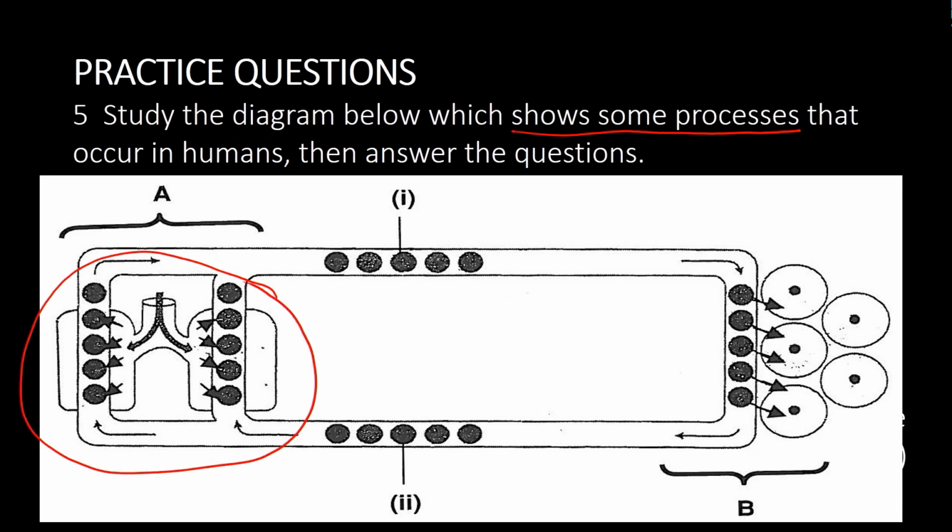There are funny little things like that, but they look like lungs. And here are little round things, which are the cells. And what would these be? That would obviously be the red blood cells. So once you've worked out what it's telling you, you can start looking at the questions.